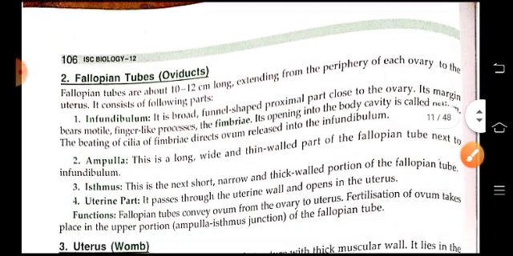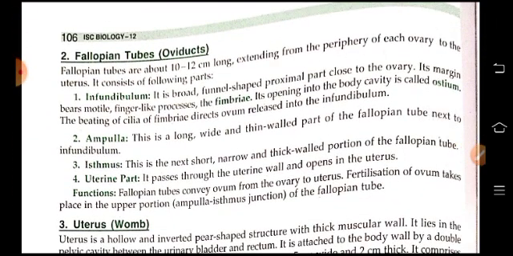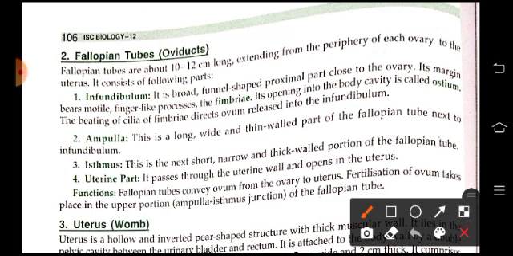Okay, so next are the fallopian tubes or the oviducts. They are about 10 to 12 centimeters long and extend from the periphery of each ovary to the uterus, and they consist of four parts: the infundibulum, ampulla, isthmus, and uterine part.